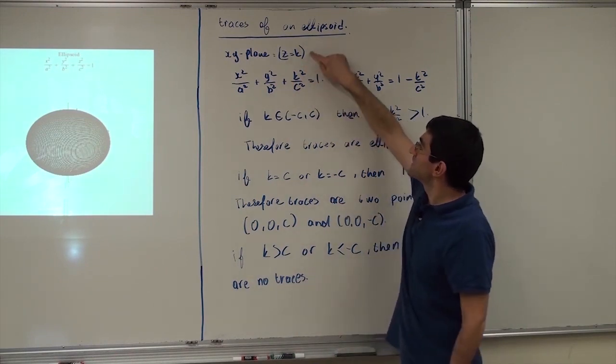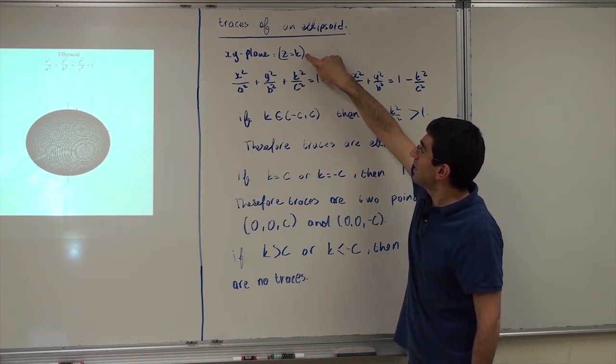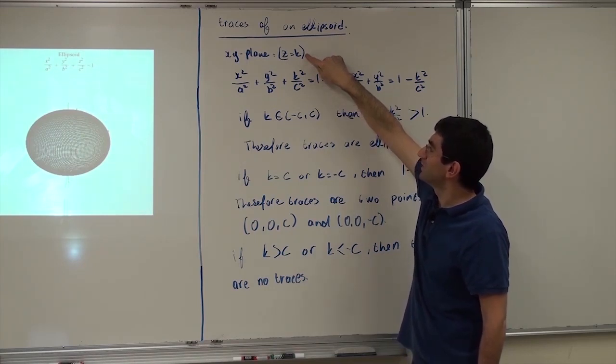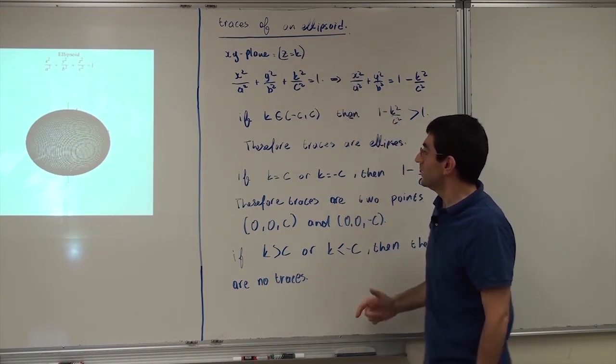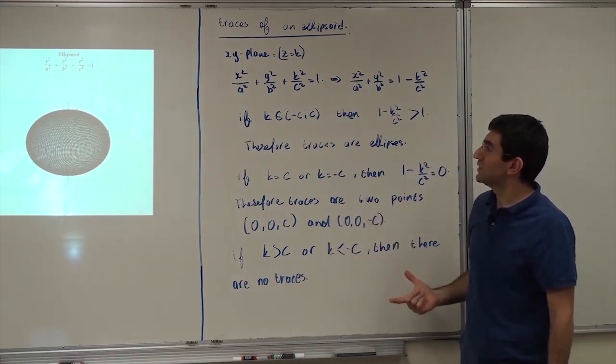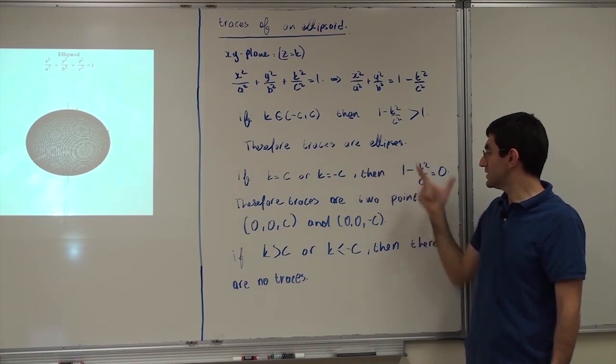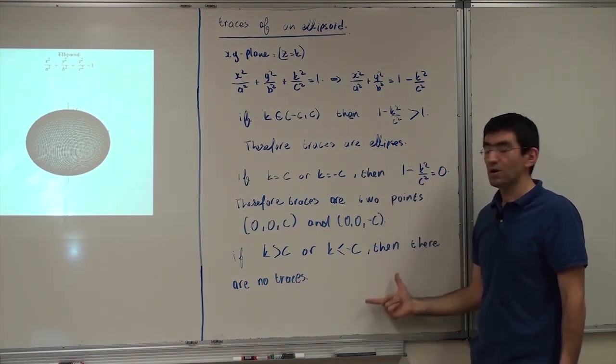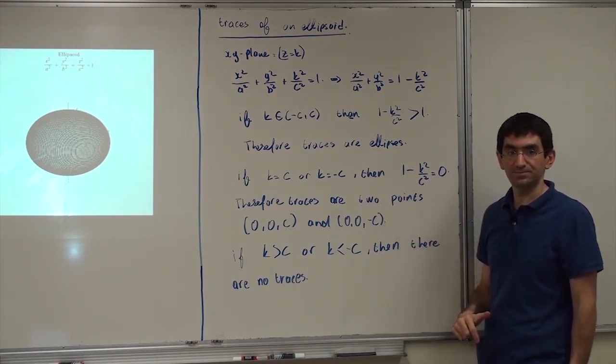If you check the traces parallel to other coordinate planes, you are going to get the same conclusion. So the traces of ellipsoids are either ellipses or two points or no trace.